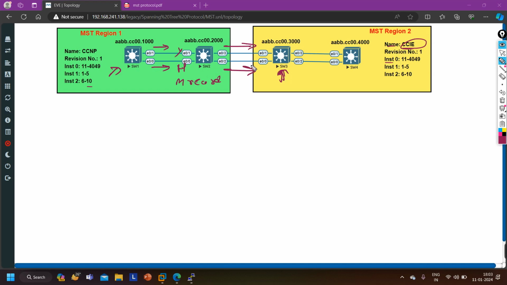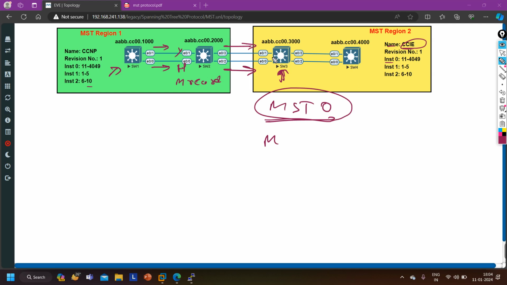Then switch 3 is going to check what information? Now this is a BPDU of inter region, so switch 3 is going to check MST 0 information. Switch 3 will ignore the M record field, like MST 1 information, instance 1 information, instance 2 information. For inter region, switches will check MST 0 information only, as we discussed in the last class also.